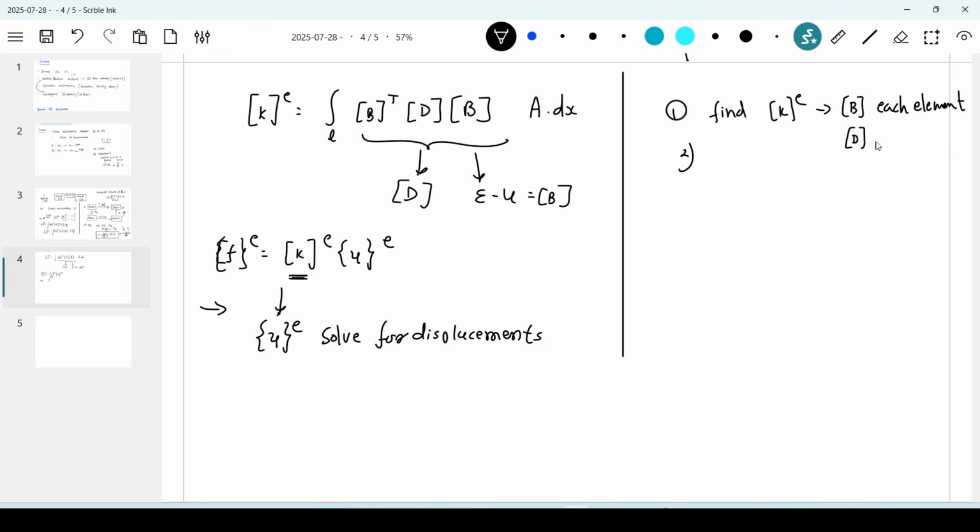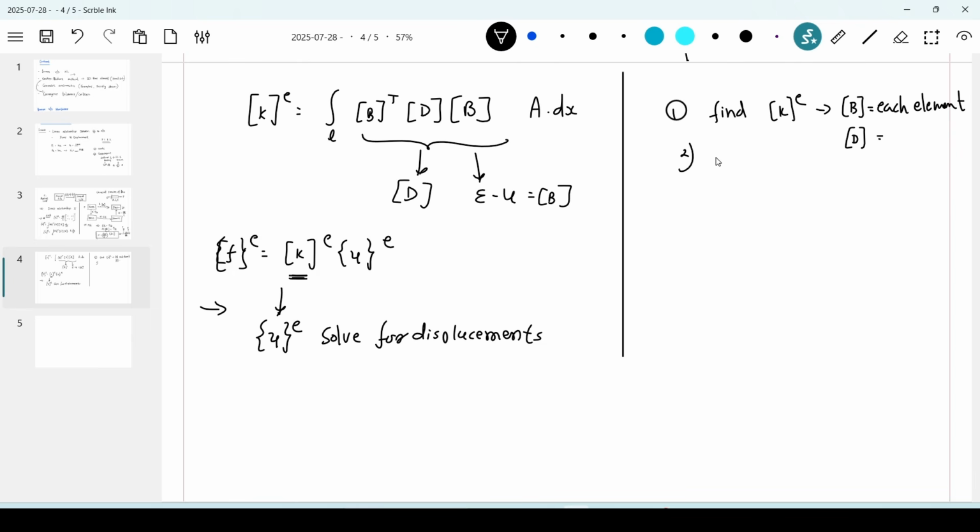It is not for each element but problem dependent, so we find sigma epsilon D based on whether it is plane stress, plane strain, or 3D. But the B matrix we find for each element.